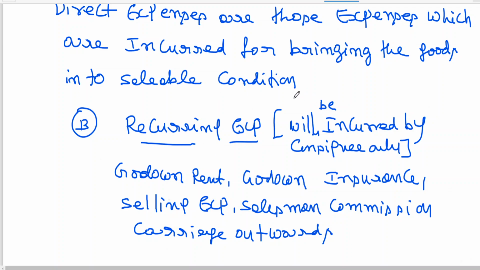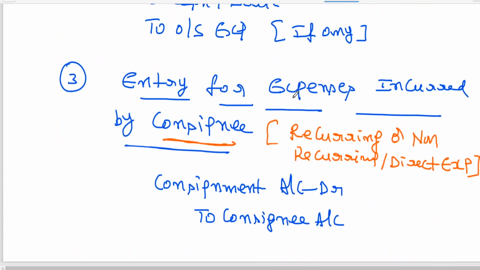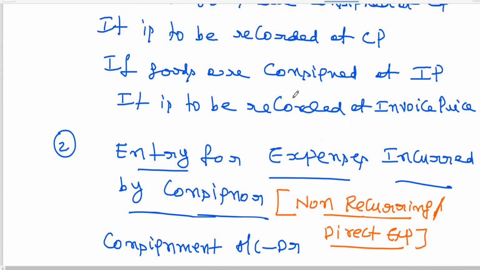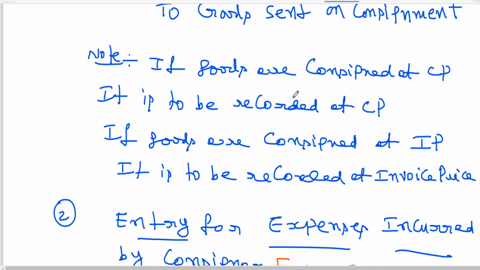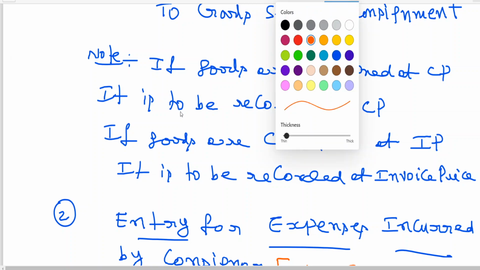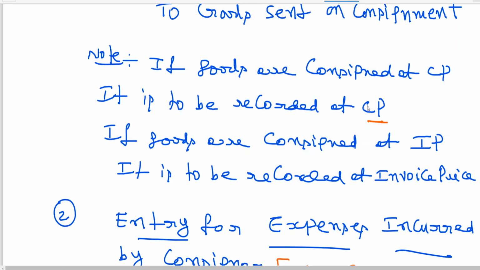So far we have learned the entries for consignment account debtor to goods on consignment. And this also I have told you here. If goods are consigned at CP, it is to be recorded at CP. If goods are consigned at IP, recorded at invoice price.